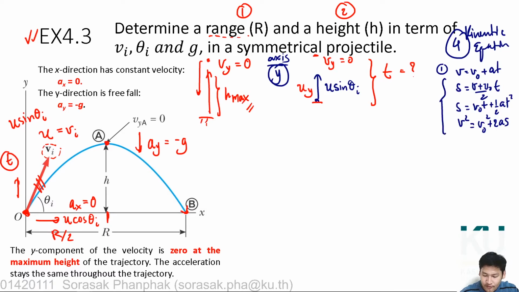From these 4 equations, just select one that completes the relation to find t.